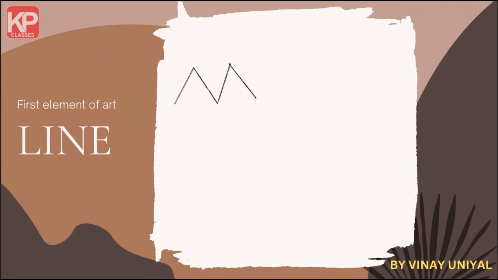So a zigzag line is generally a combination of different diagonal lines. If I want to make a dash line, a dash line is generally made of multiple horizontal lines, right? So this was a very basic thing. What is the meaning of line? You should know in a practical manner, and the types of lines as well.